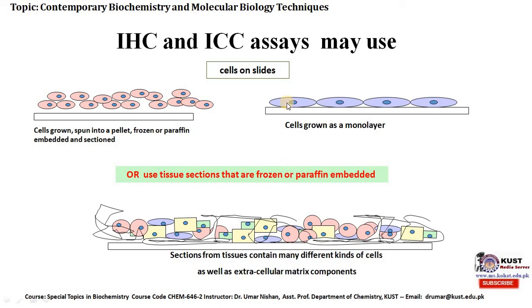Now you have to understand why we need to make thin sections, because they are helpful in many ways. One, through sectioning we are able to visualize the cells under the microscope.